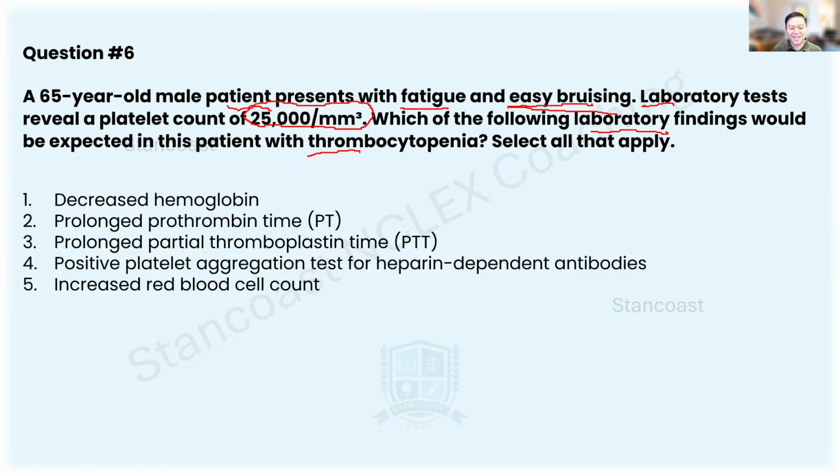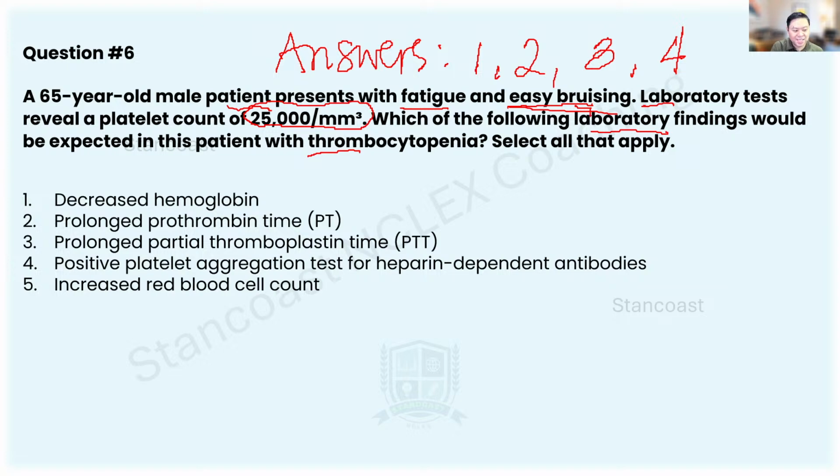So the correct answers here are number 1, number 2, number 3, and number 4. Those are the correct answers: 1, 2, 3, and 4. Take a look into the easy bruising. That is already a sign of.